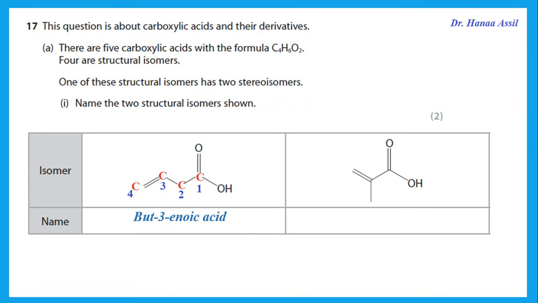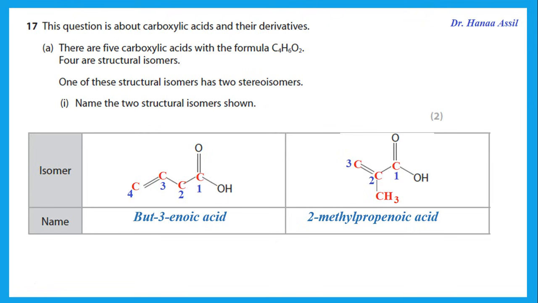You can actually write it in several ways. Again, the other one is 3 carbons with a methyl group on carbon number 2, so this is 2-methylpropenoic acid.